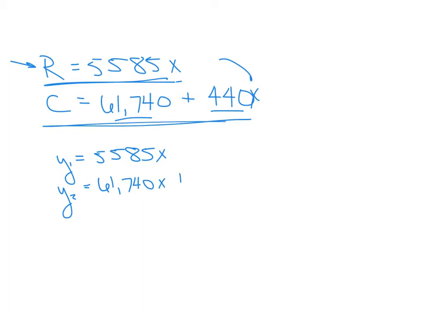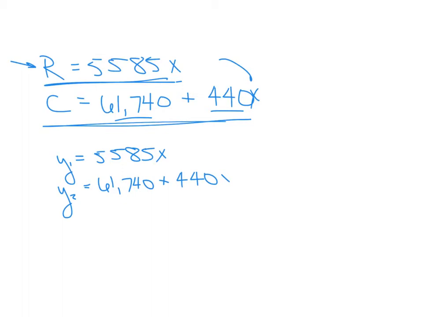Oops, there's no x there, is there? It goes after. Plus 440x. Okay, so there's our two equations. We're looking for the break even. So the break even is where we graph this and we graph this, and those two lines intersect each other. That will be the break even point.